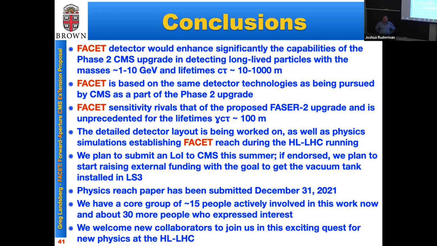For particle ID, did you consider Cherenkov detectors? No, we don't have any Cherenkov detectors. Basically, because we don't really need particle ID. The only hadrons we're interested in are really pions, and pions are so much more ubiquitous than kaons that having kaon-pion separation probably won't help us.